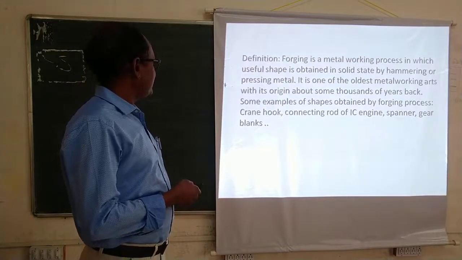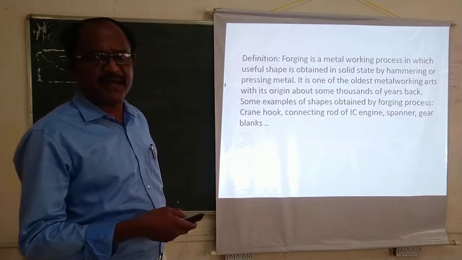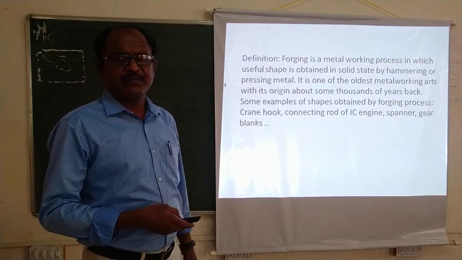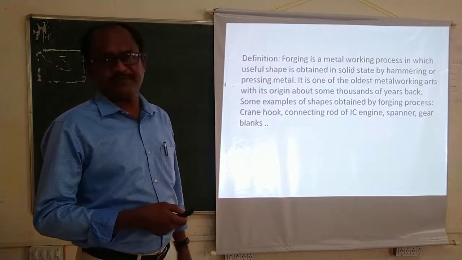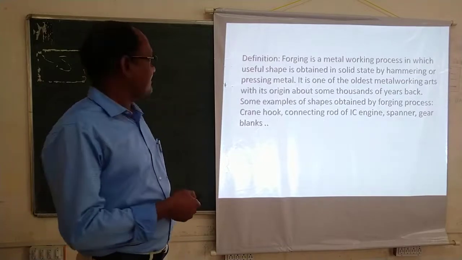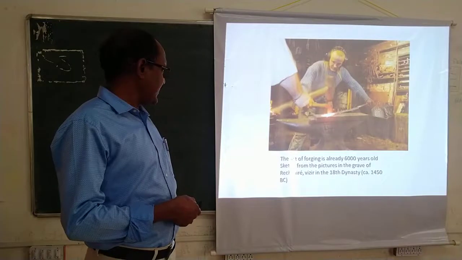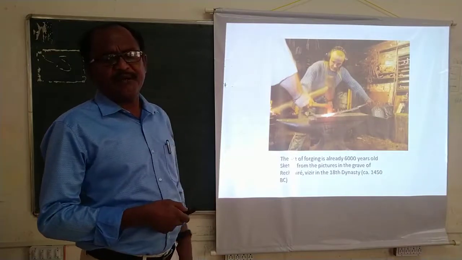For example, crane hook, connecting rod, crankshaft, spanners, gears, gear blanks, and many more mechanical parts are produced by forging operations. This is the ancient art of metal working.